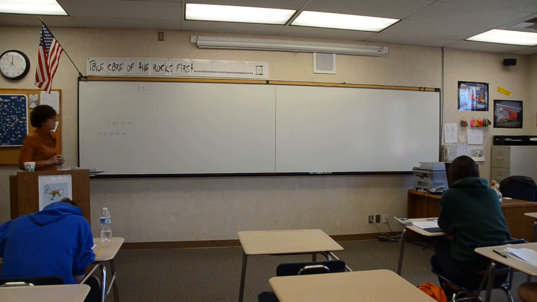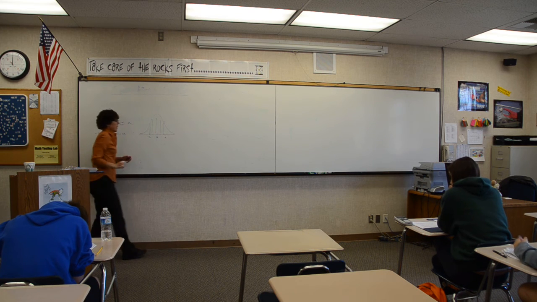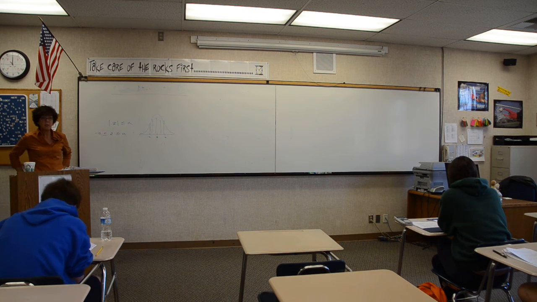If I draw this, let's say here's negative a and here's a, I'm looking for the value of a for which the probability of that area is equal to 0.75.